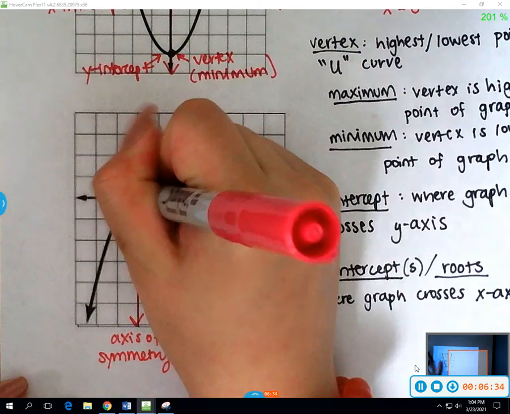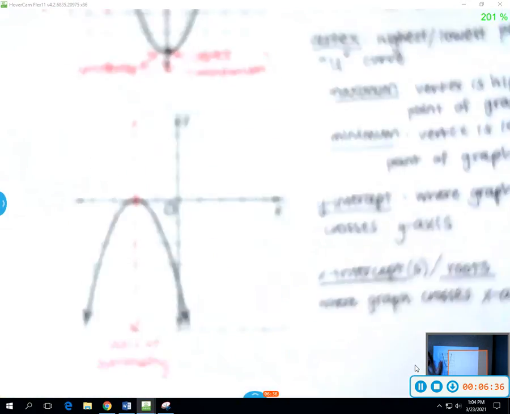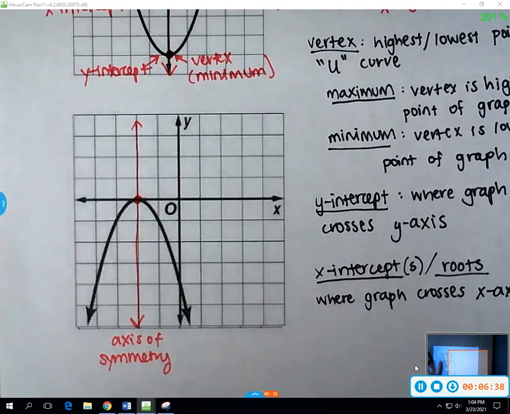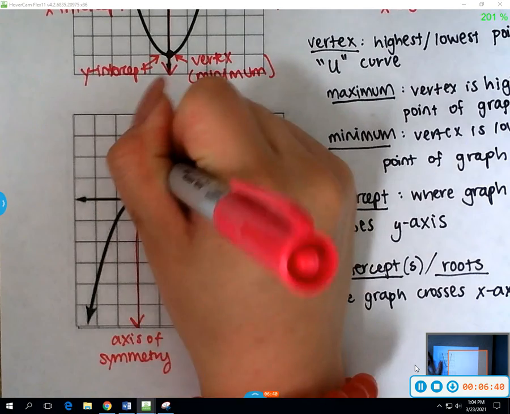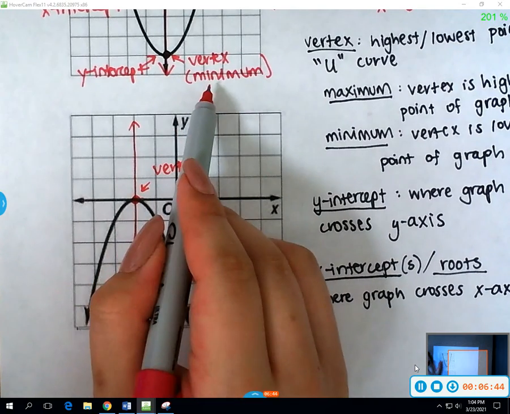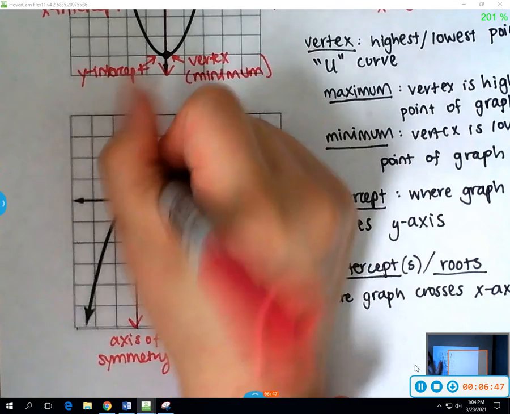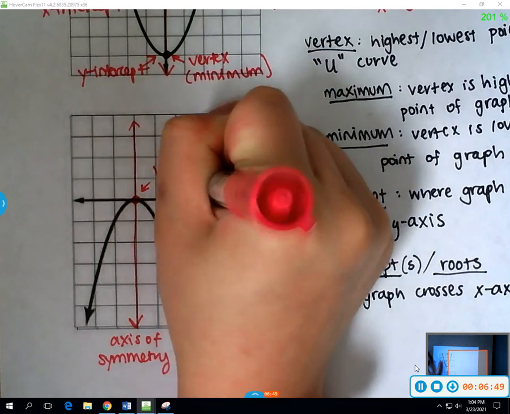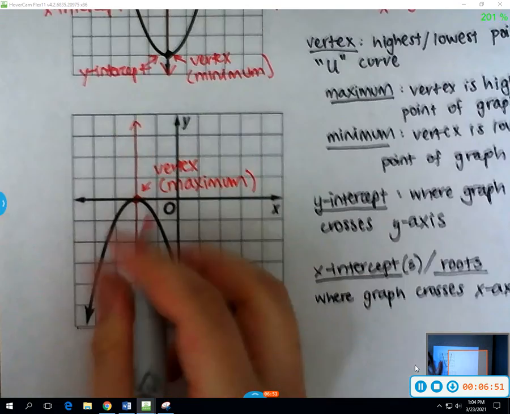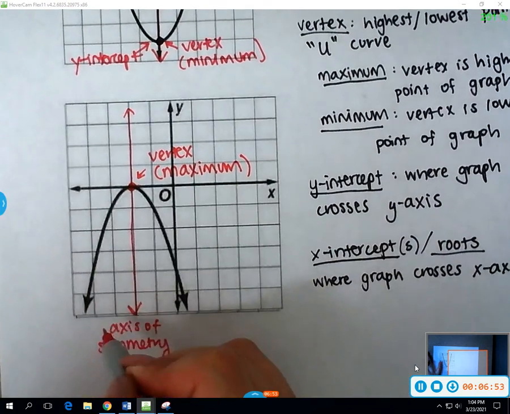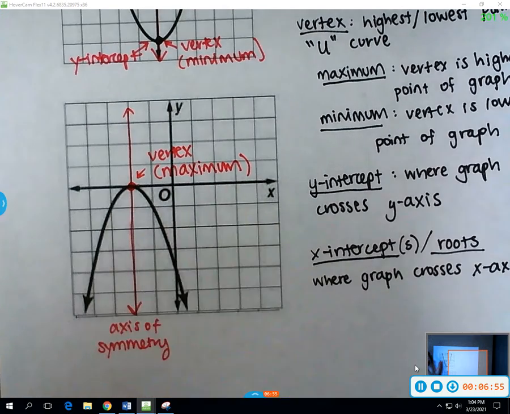Remember, the vertex is the highest or the lowest point of the graph. In this example, our vertex is right here. And unlike the other one where our vertex was a minimum, this vertex is actually a maximum because this point is actually the highest of the graph. So this is a maximum point.